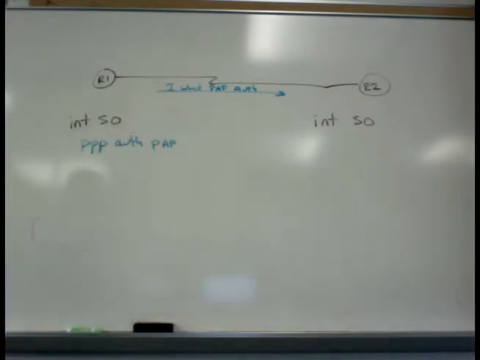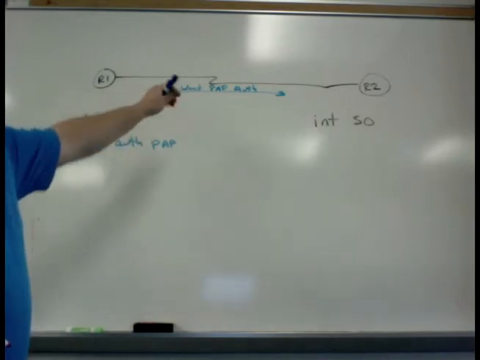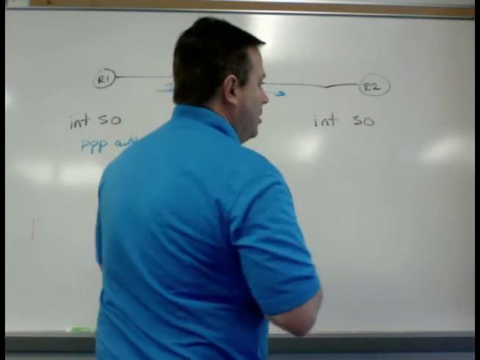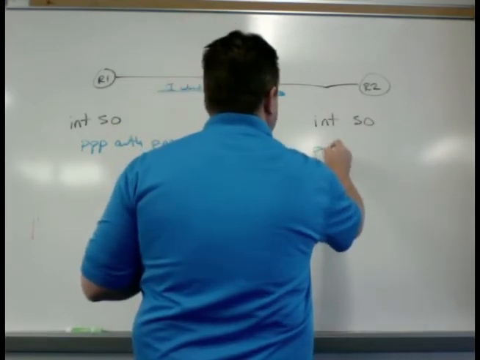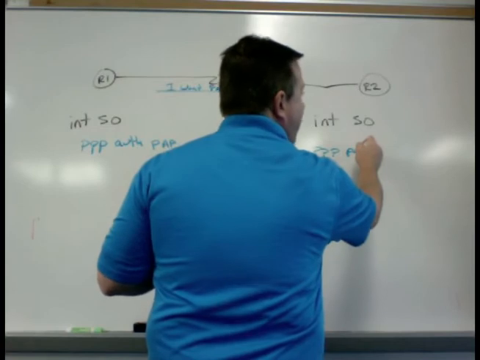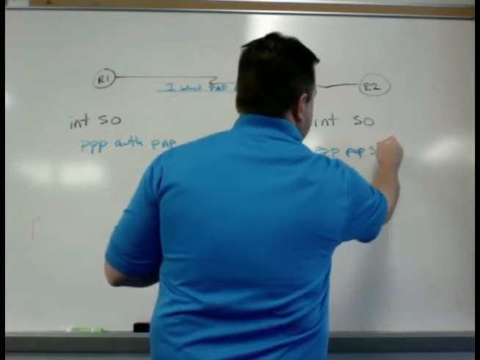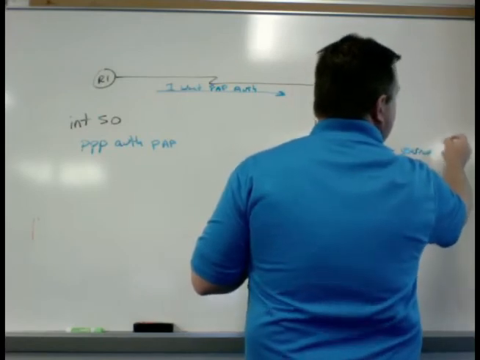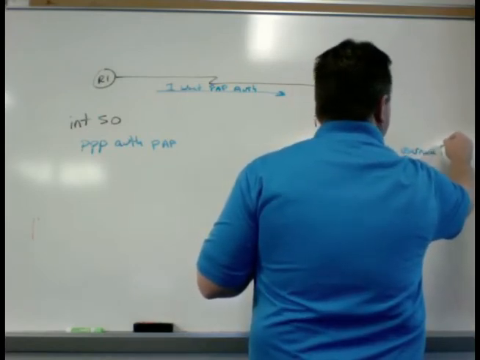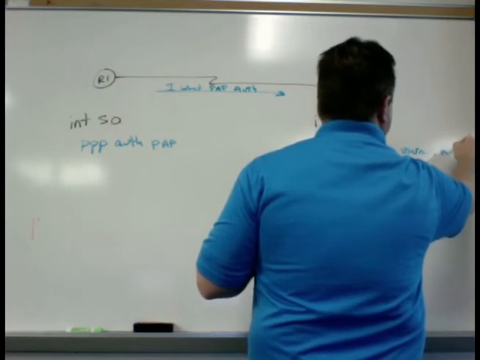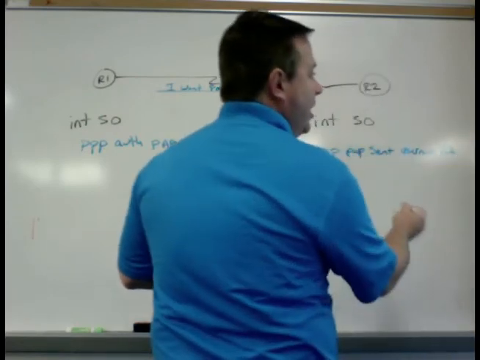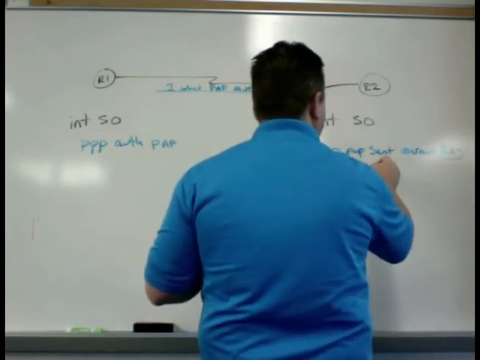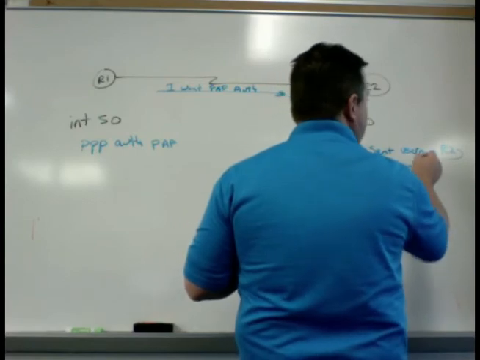So what do we need on the other side? What we need on the other side to answer that is a PPP PAP sent-username R2, and then I'm going to wrap it around, password Cisco.